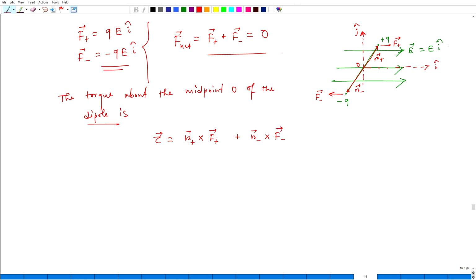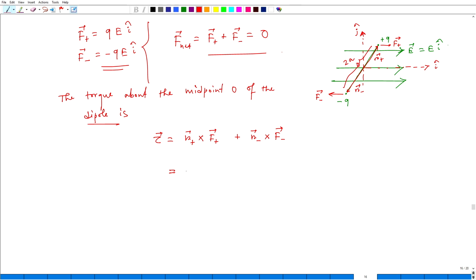We consider the total distance between the plus q and minus q charge to be 2a. The distance from the midpoint to the plus q charge is a, and to the minus q charge is also a.